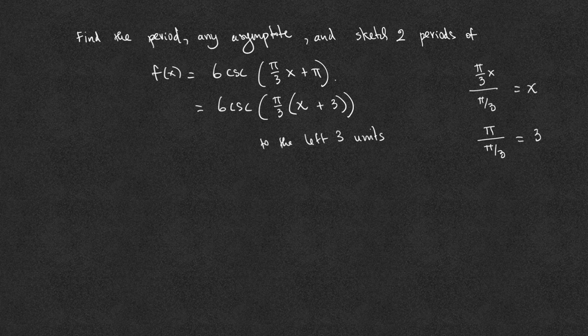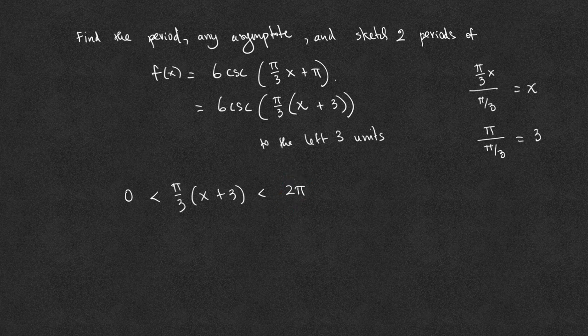The original graph of cosecant lies between 0 and 2 pi, with the exception that it is not defined at pi. And so this time pi over 3 times x plus 3 varies between 0 and 2 pi.